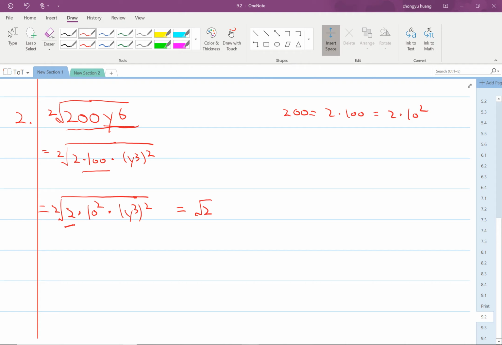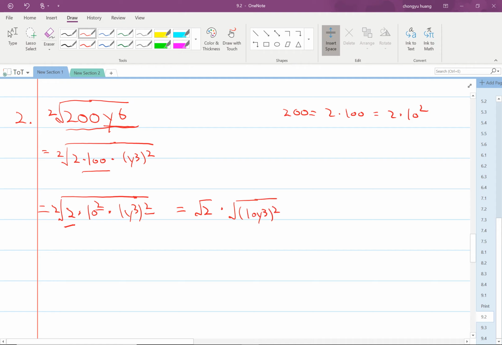Then we multiply. As you can see, we have 10 to the power 2 and then another power 2, right? So you can actually combine them together.